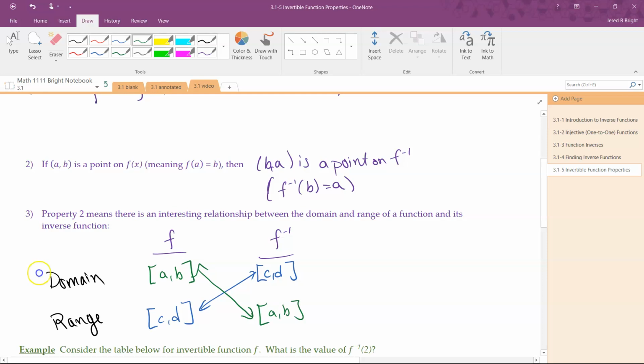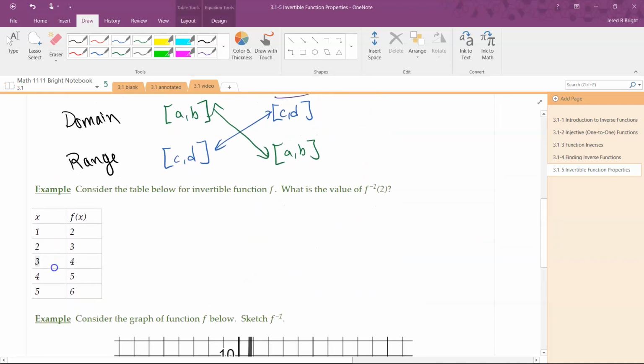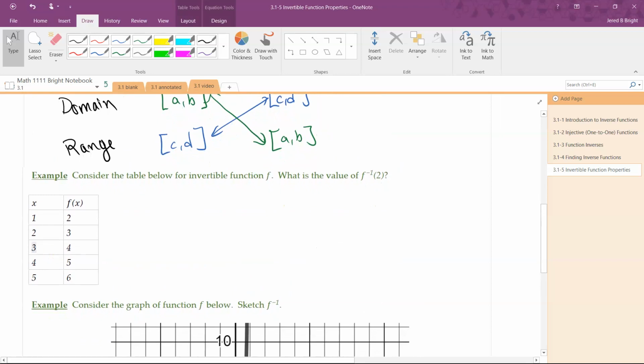A couple of examples that hopefully utilize some of these properties. Here's a table of values corresponding to x and f of x. We want to know the inverse function value of 2. This might be one of those scenarios where you're giving me some information about Earth, and then you ask about information on the moon. Well, I have no idea. Actually, you know more than you think. If we write this out, this is f inverse of 2, and we're just going to call this value k.